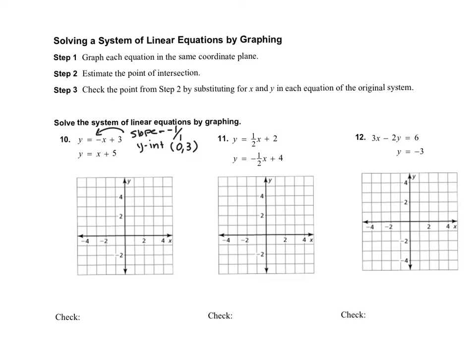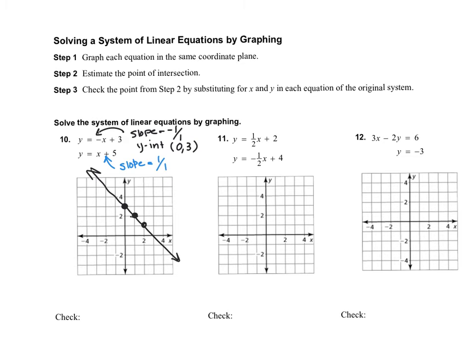So let's graph our y-intercept first, (0, 3). And then our slope, we're going to go down 1, right 1, down 1, right 1. And then we have our line. Now let's graph the other equation. So our slope for this one is 1.